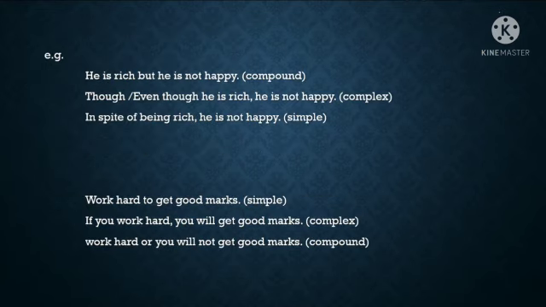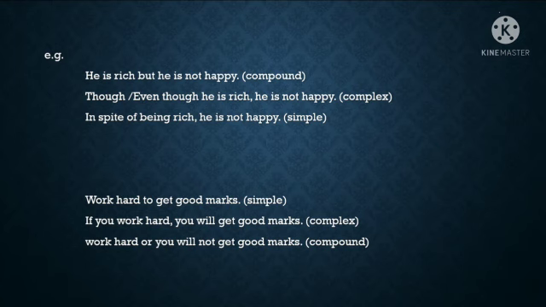The next one, see the example. He is rich, but he is not happy. This is a compound sentence. Why? He is rich is a main clause. He is not happy is a main clause. And these two main clauses are combined with a coordinating conjunction. But how will you change this into a complex sentence? Convert a main clause into a subordinate clause by adding a subordinating conjunction.